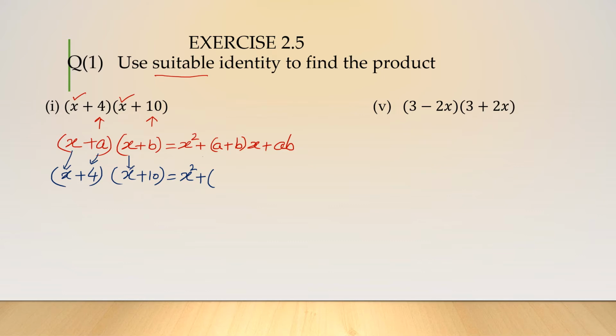In place of a, we have 4, and if we compare with b, we have 10, x as it is, plus the value of a is 4 and the value of b is 10. So this is equal to x square plus 14x plus 40. This is the way we have to use the identity to find the product.